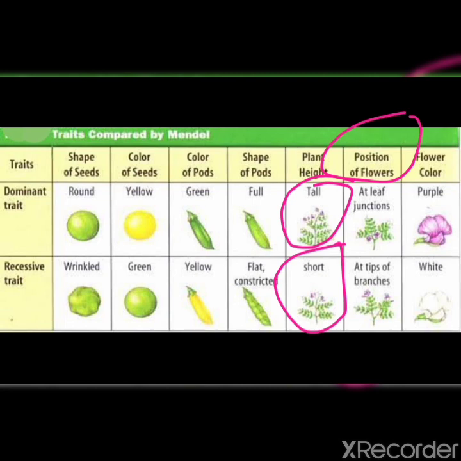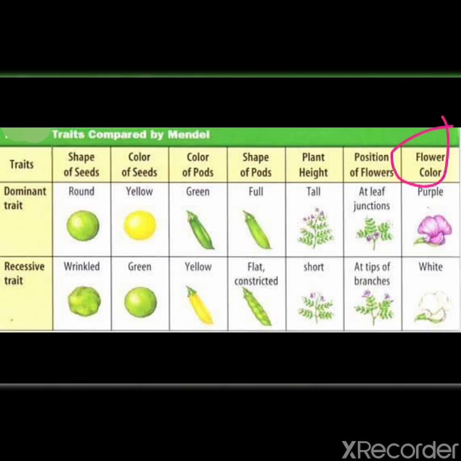Flowers which are born in the axil of the leaves are known as axillary flowers. So flowers present at the axial position. And the second one was terminal flowers, meaning flowers present at the tip of the branches. And the last one was flower color, one purple and another one white.